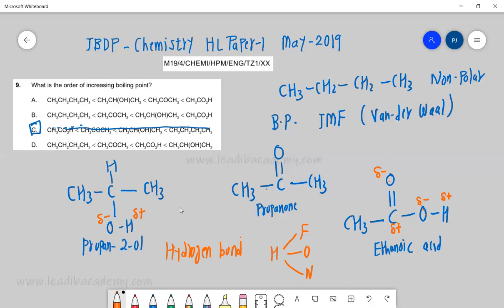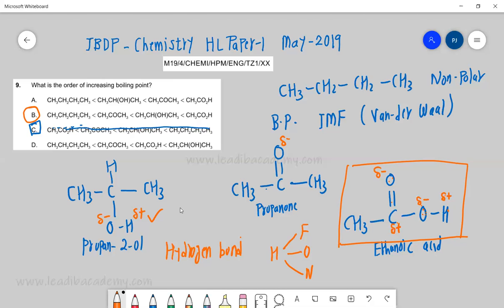So this is another candidate, but ethanoic acid is going to be the winner simply because there are two potential sites of oxygen with delta minus, the carbonyl group as well as OH. While in propanol there is only one, which is not going to be much stronger.